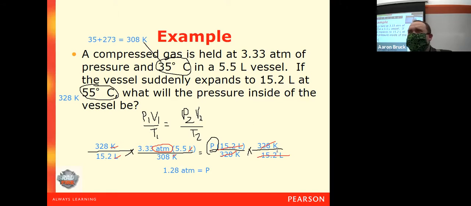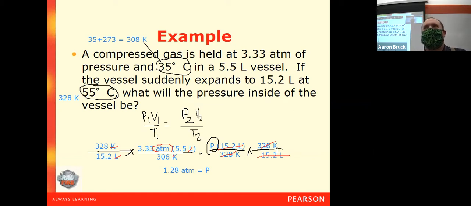You think to yourself, okay, does this number make sense? Well, I've got two competing factors here. We know that for pressure, an increase in temperature should increase the pressure. But we also know that an increase in volume should decrease the pressure. Which one changed by the bigger amount? Well, the temperature only changed by about 20 degrees, which compared to 308 degrees is really not that much.